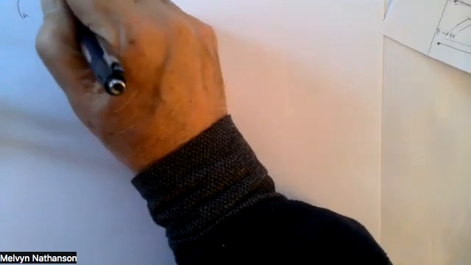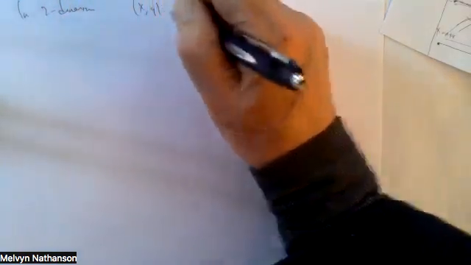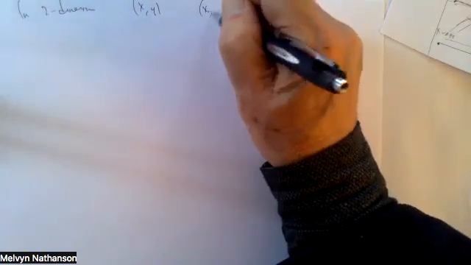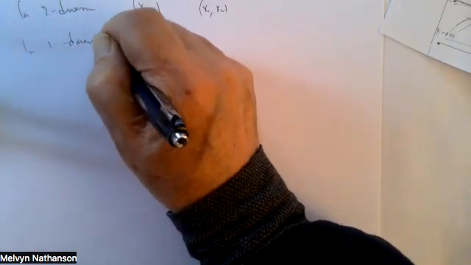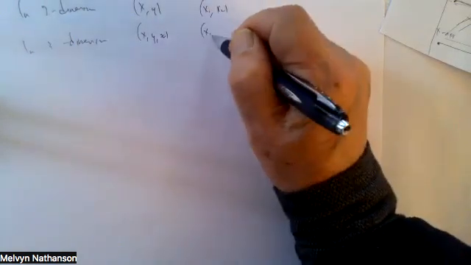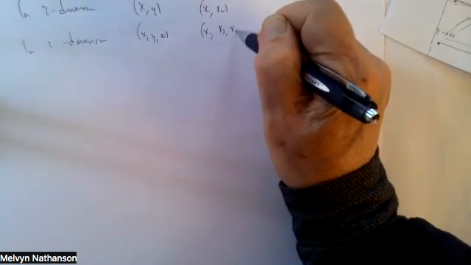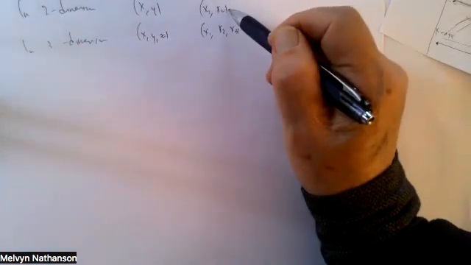in 2 dimensions, every point has 2 coordinates, x, y, or x1, x2 sometimes, right? In 3 dimensions, every point has 3 coordinates, x, y, z, or sometimes x1, x2, x3. So a point in 2 dimensions is just a pair of numbers.